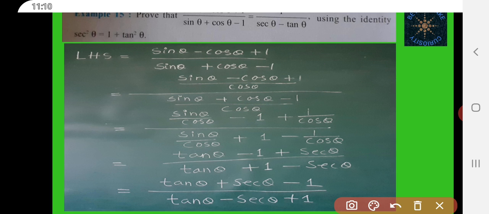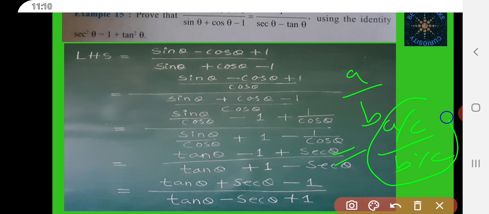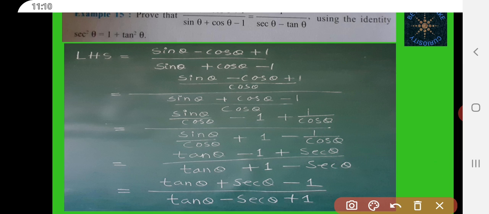You know that if we divide A by B and by C, that is, A by C over B by C, this number does not change. Okay.